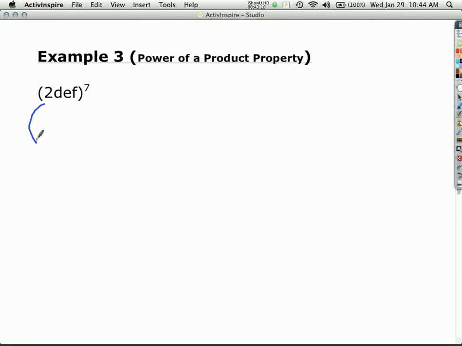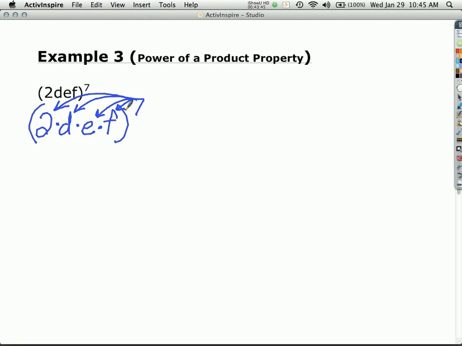So this is really what it says, and you're going to actually start doing this next time I see you. We're going to be rewriting things like this. The multiplication dots are really important. It helps you remember what's going on. And so what's going to happen is this power is going to get applied to each factor. That's a factor, that's a factor, that's a factor, and that's a factor.